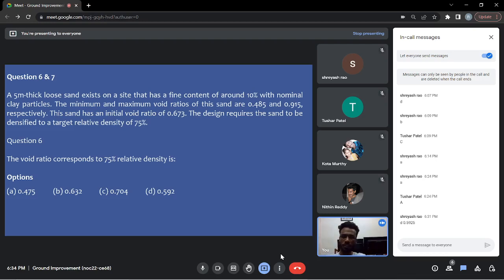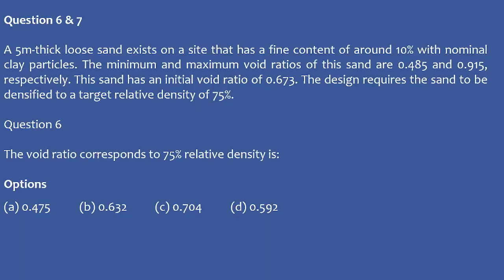Those who have calculated the sixth, just see the seventh question also, and you can give the answer for both together. So yeah, the answer for D is 0.592.